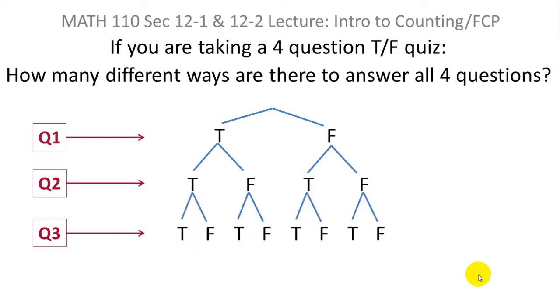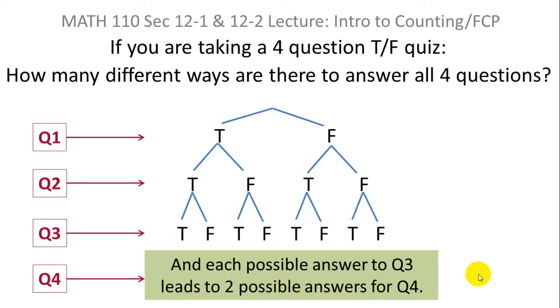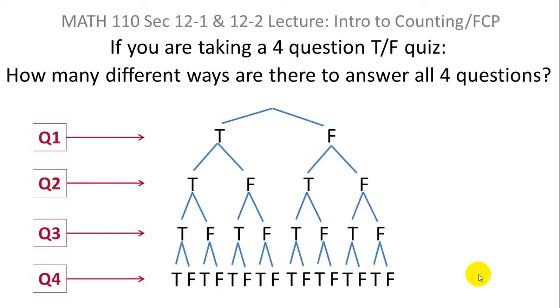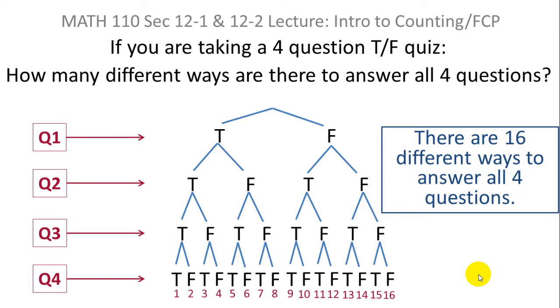So as you can see, each branch continues out by doubling each time. Once you get the pattern down, you'll notice the same thing follows for question 4. At each branch point, you have 2 possibilities. If you count, you'll see that there are 16 different ways to answer all 4 of those true-false questions.